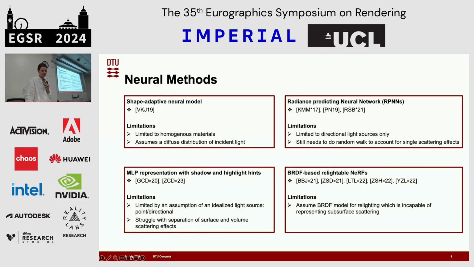The first one was trained on geometry, modeled on signed distance fields for local geometry, then radiance predictor neural networks, multilayer perceptron representations, and NeRFs. Those NeRFs that are currently reliable are based on BRDF, not on BSSRDF.